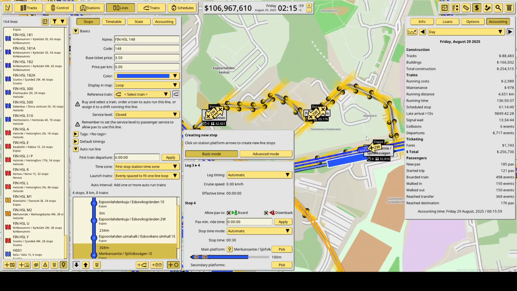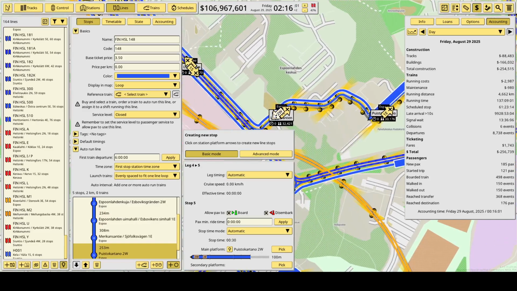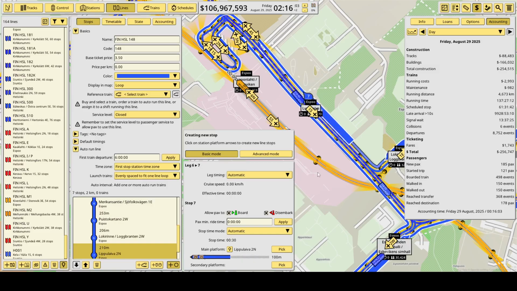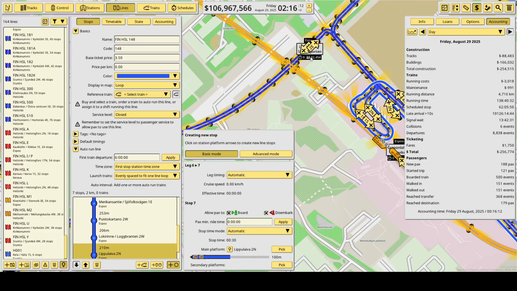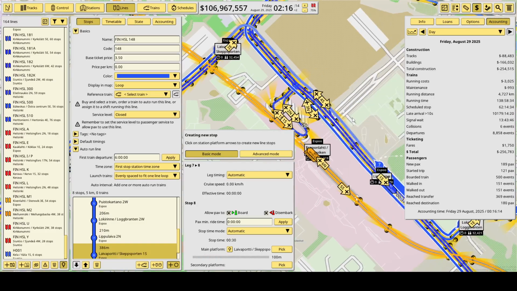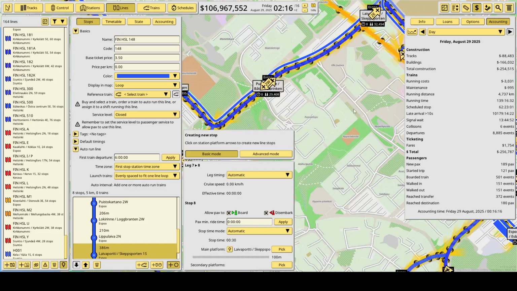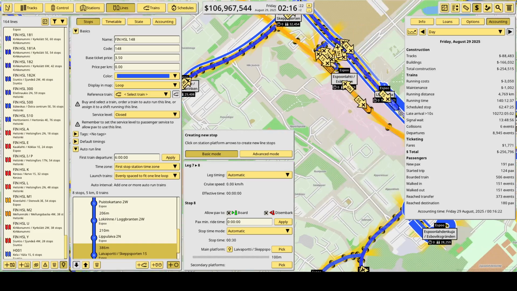Let's get back to the trains, not lines, and then stop at these two stops, and then stop at Lippulaiva. From Lippulaiva, we will move on to a stop called Laivaportti, which is over here, so it sort of skips some things around the area. And then we will stop at a stop called Kipparinmäki, which doesn't yet exist.